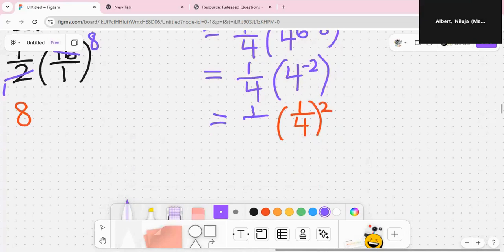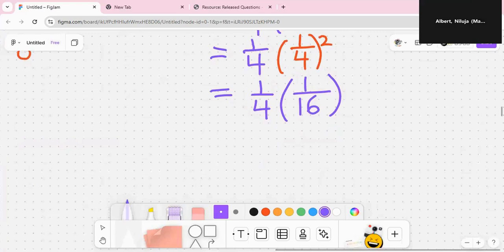That gives me 1 over 4 times 1 over 4 squared, or 1 over 4 times 1 over 16. Now, when you multiply your numerators and multiply your denominators, 1 times 1 is 1, 4 times 16 is 64.